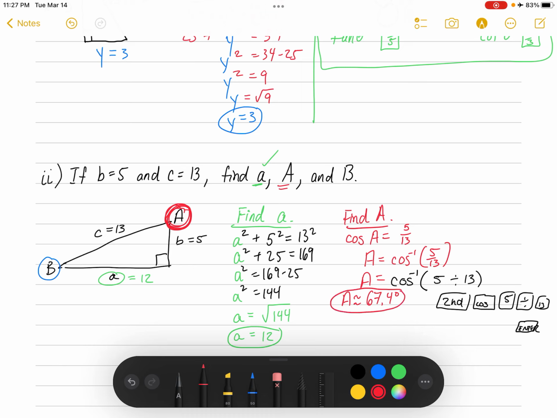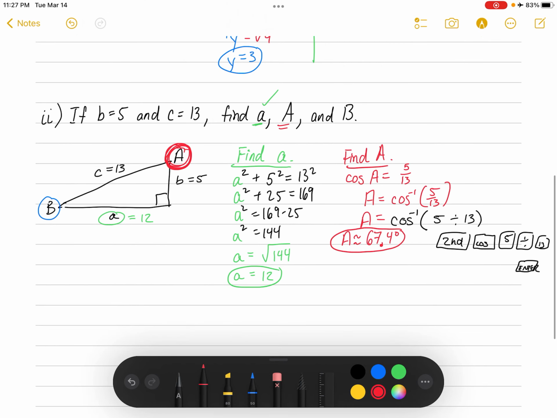So if you're getting some other number besides 67.38013505, something else besides 67.4 roughly, it probably means you're in radians mode and you want to go back into the mode and change it from radians to degrees and then try that again. You get 67.4. So we got A. Now let's find capital B. So this is 67.4, let's say.